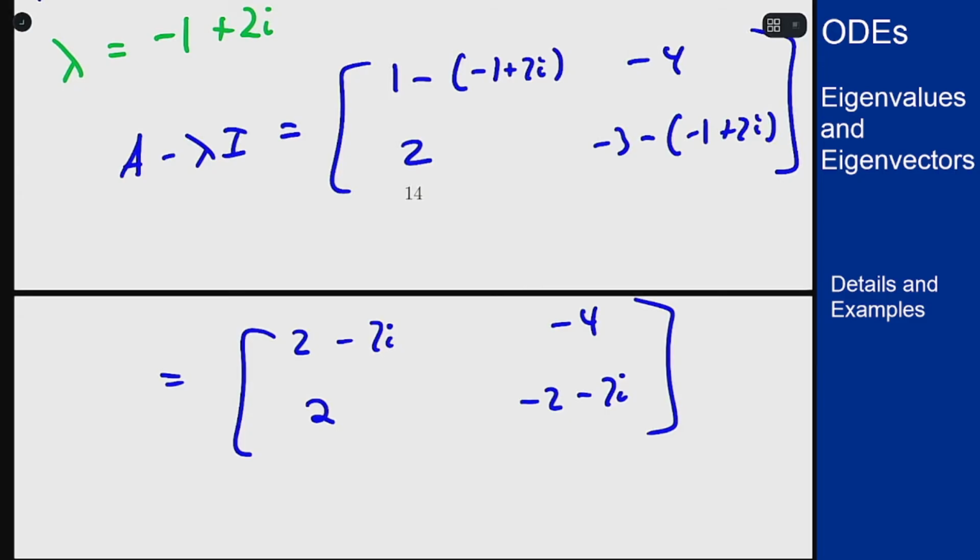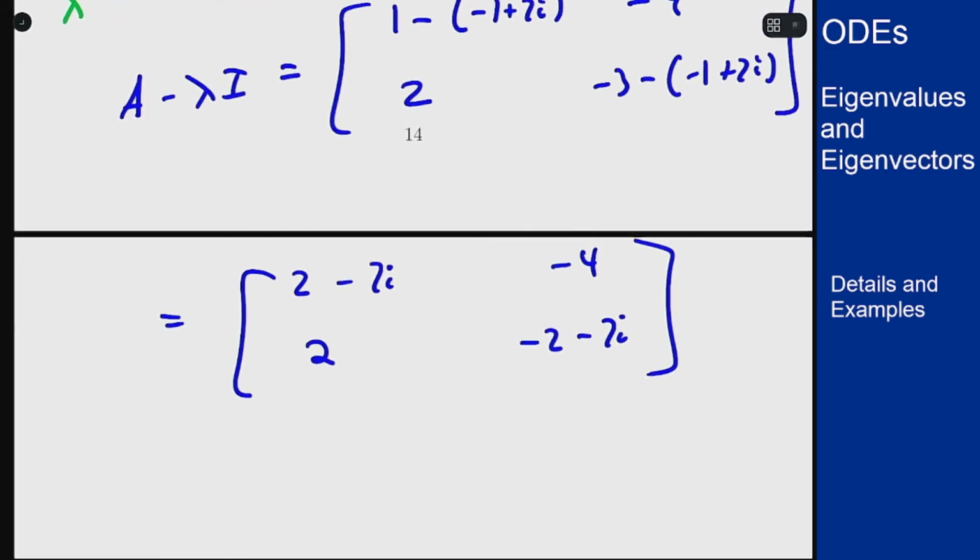And so to see what's going on here, at this point, hard to see redundancy, we're going to use complex conjugates. So I'm going to multiply this first row by 2 plus 2i, which is the complex conjugate of this number here. I want to get this first row to be entirely real numbers so I can compare them more effectively.